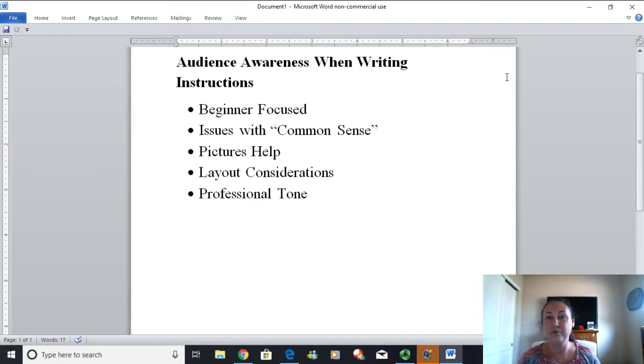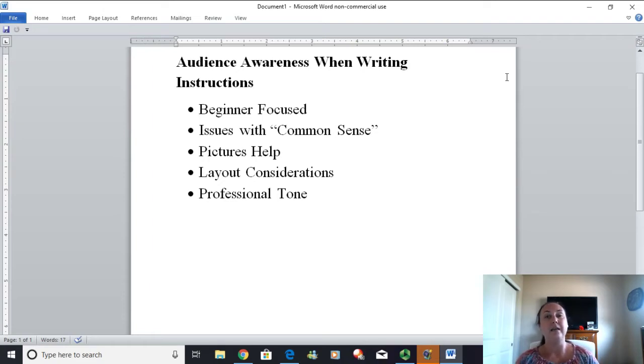Like you're not trying to offend your audience, you're generally trying to help them. And so you got to be a little bit careful that the instructions for beginners don't start to sound snarky or condescending or sarcastic, because that can be a little bit offensive from the beginner perspective. They don't want to be treated like they're an idiot. They just want to be guided to do something that they don't know anything about or haven't done before.